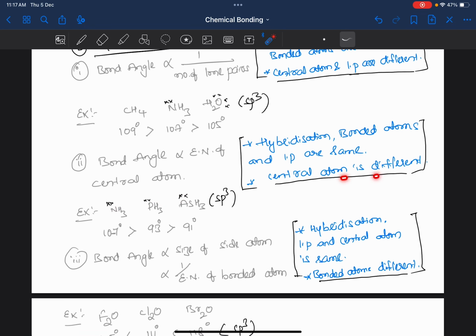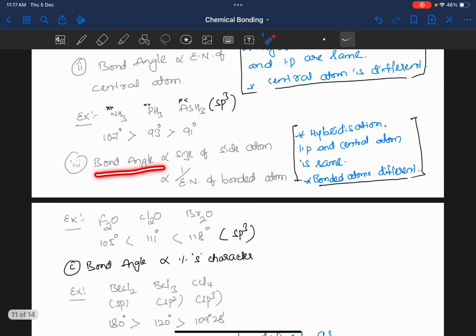But the central atom is different: nitrogen, phosphorus, arsenic. So by decreasing electronegativity of the central atom, bond angle decreases. We know the electronegativity of nitrogen is more than phosphorus, than arsenic. Therefore, along with that, bond angles decrease.